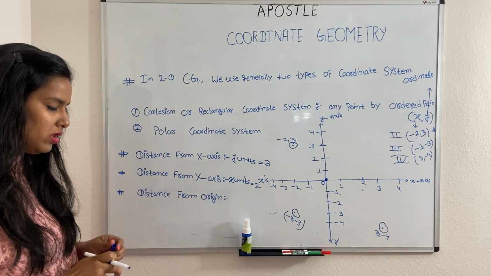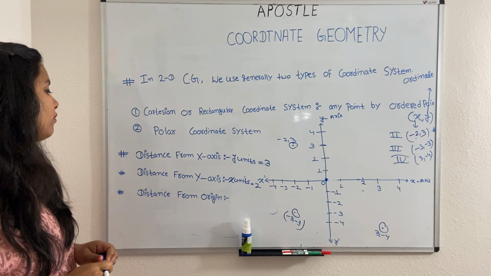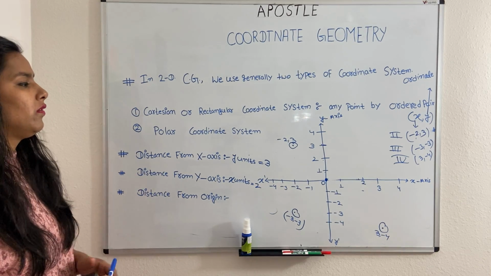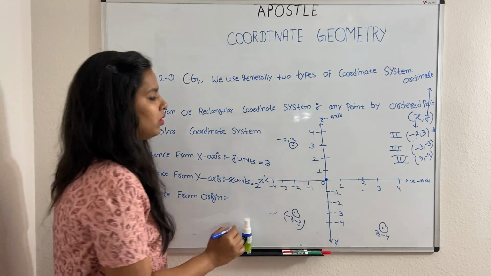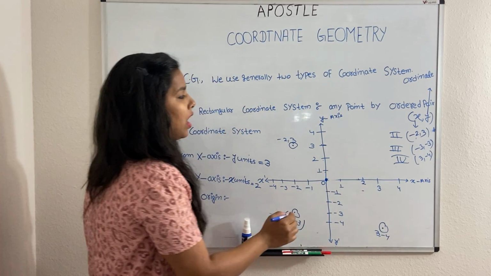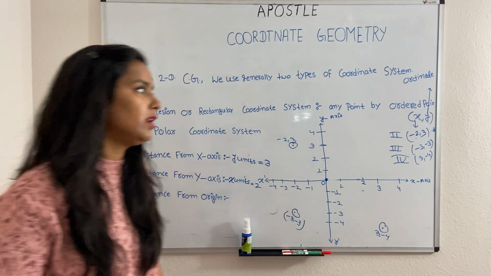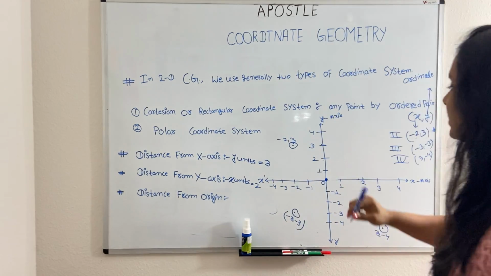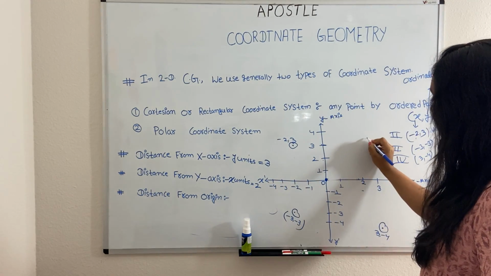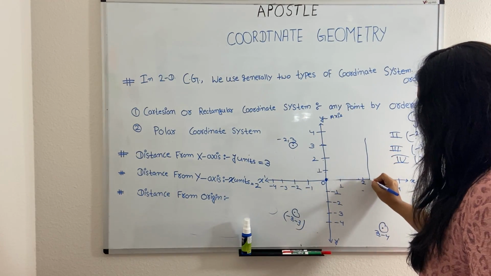Now this concept is clear. Now we have to calculate the distance from the origin. So if I have to mark the ordered pair x comma y on the Cartesian plane, suppose my x comma y is somewhere here.